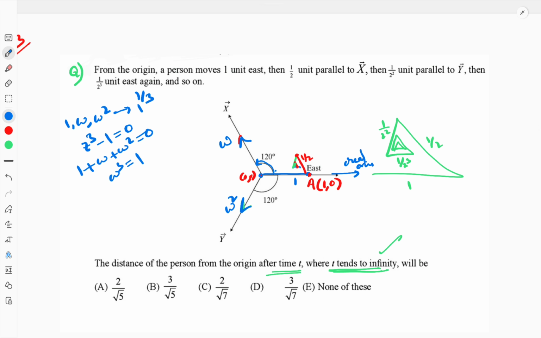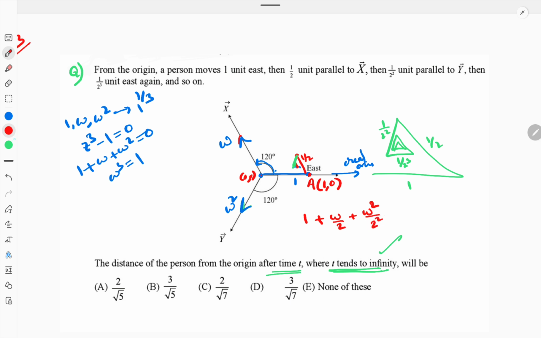Now, let us start calculating the distance traveled by the person. Initially he travels 1 unit, and then he travels a distance of 1 by 2 units in the direction of omega. That means the displacement will be omega by 2. Next, he travels a distance of 1 by 2 square units in the direction of omega square, so that is omega square by 2 square.